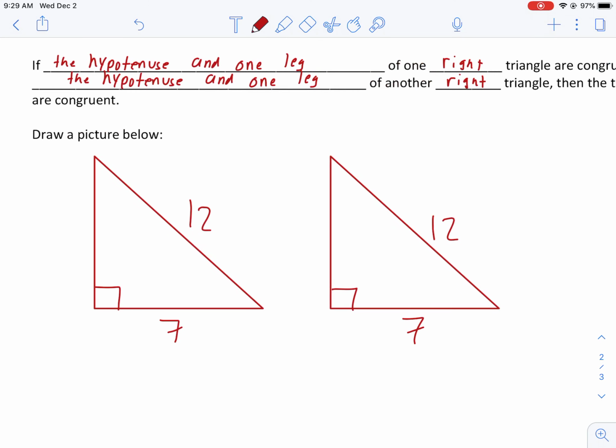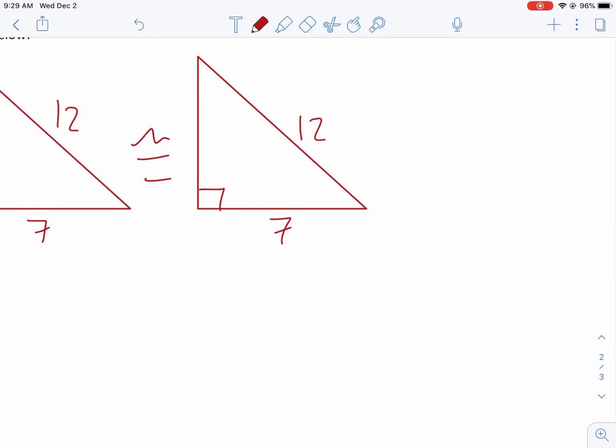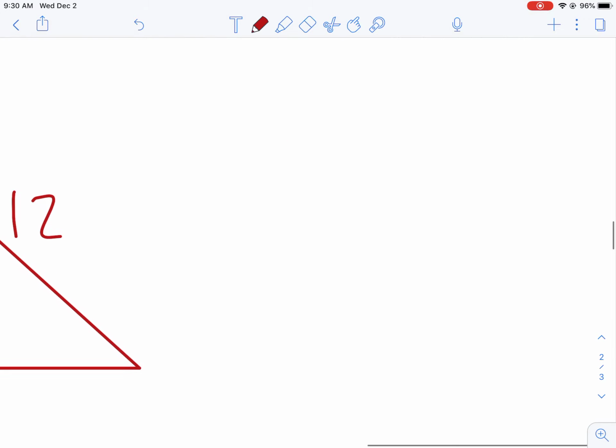So these two triangles are actually congruent under hypotenuse leg. So it's like side, side, angle, but it still works, but only in this one circumstance. This is the only circumstance where SSA actually works, but we don't even call it SSA, we call it hypotenuse leg.